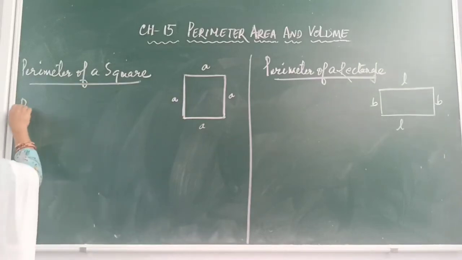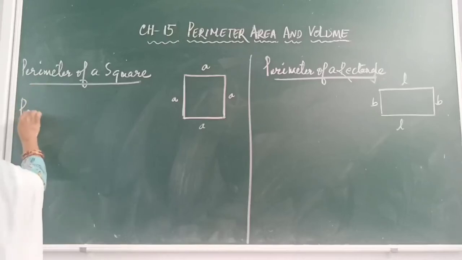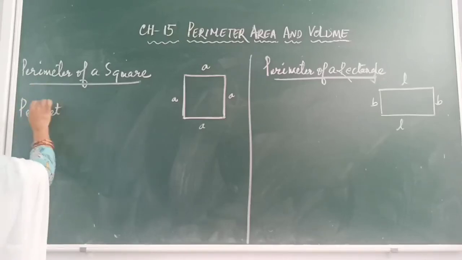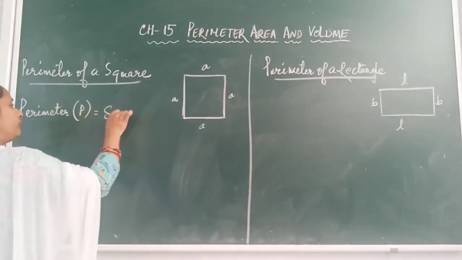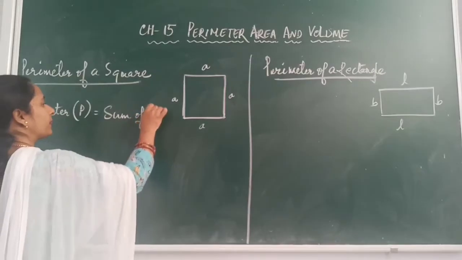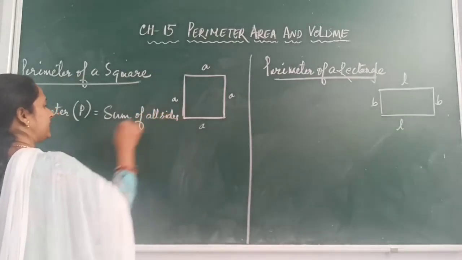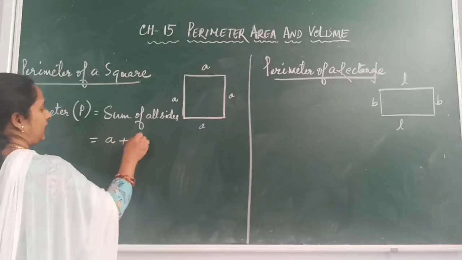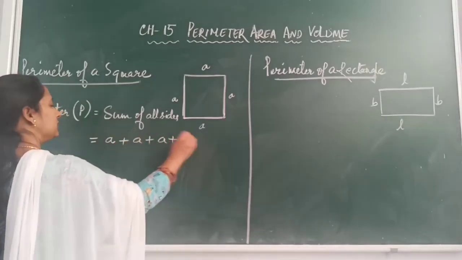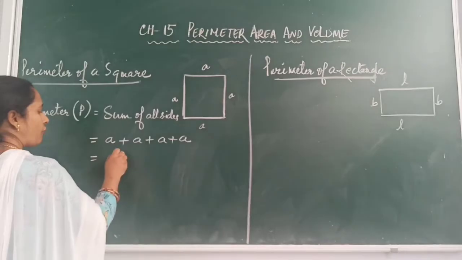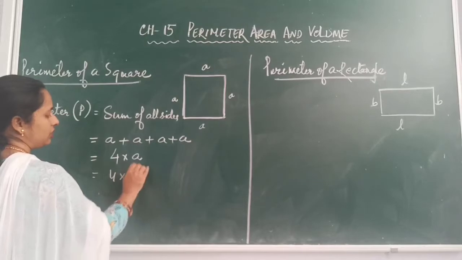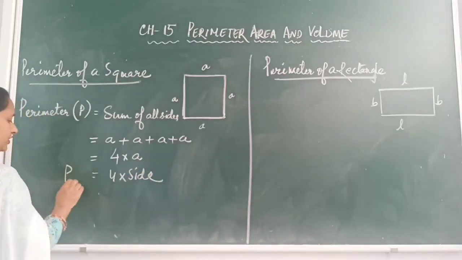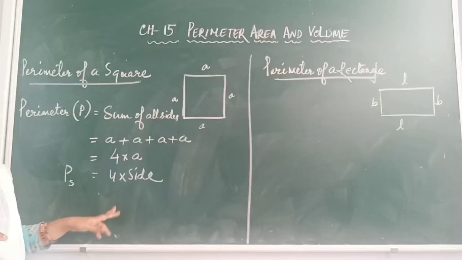Then perimeter, let us denote it by the capital letter P, is equal to the sum of all sides, right? Here the measurements of the sides are a and a. So how many a's did you get? 4 into a, or in general you can write it as 4 into side. So perimeter of a square is equal to 4 into side.